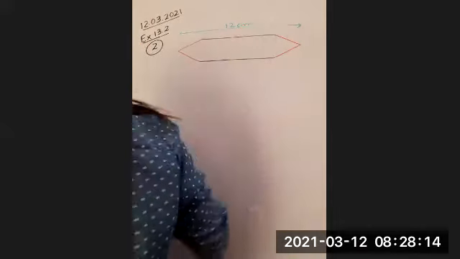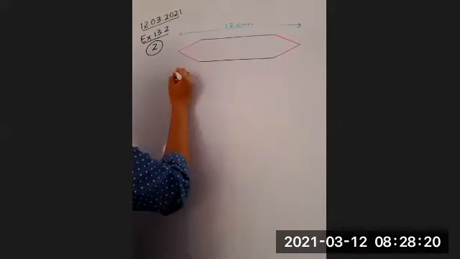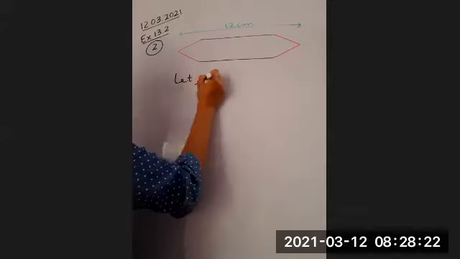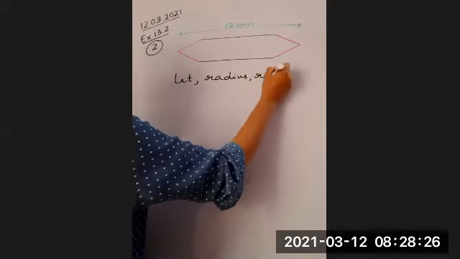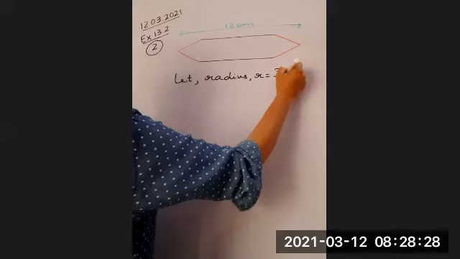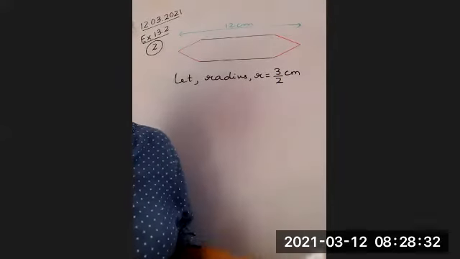The diameter is 3 centimeter. So what will be the radius? Half of 3, 1.5 centimeter. So we need to show 3 by 2 like this. We need to show division by 2.